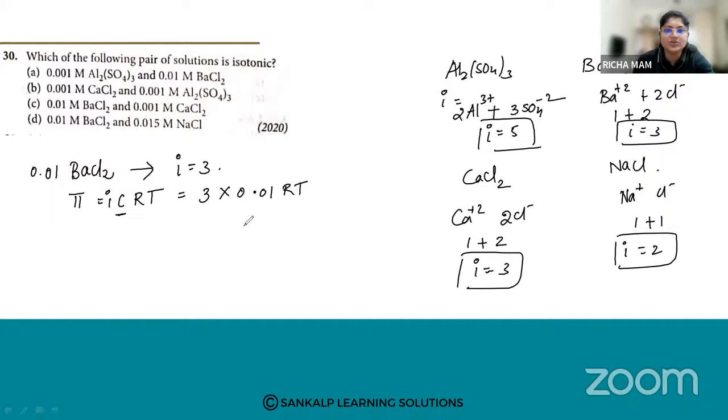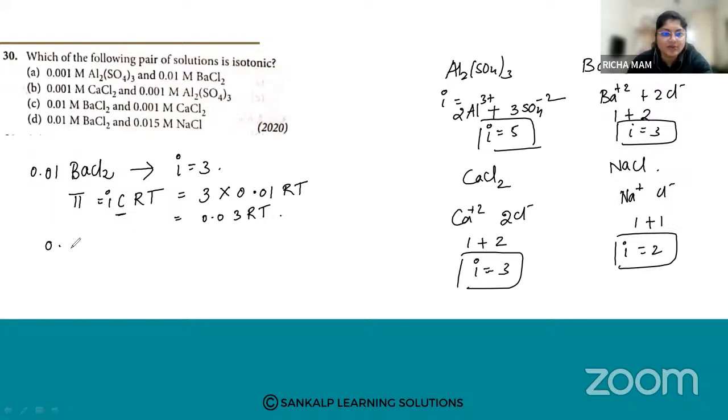RT is common, so we'll keep it like this only. So 3 into 0.01 is 0.03 RT. This is for 0.01 barium chloride.